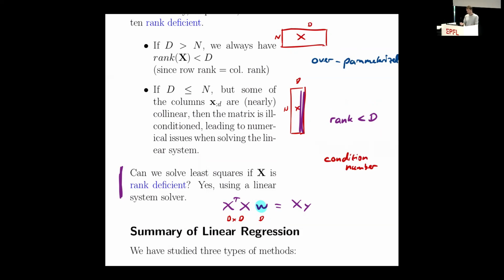If you change it very little, could it become non-invertible, and then you would have a problem. So the condition number is defined on the eigenvalues of this matrix. It actually uses the largest one and the smallest one, lambda max and lambda min, of this matrix. For us, it's the Gram matrix.